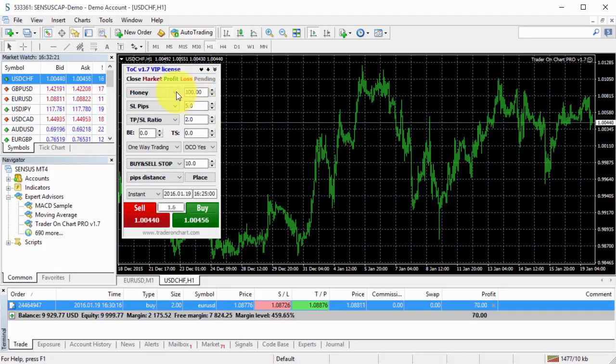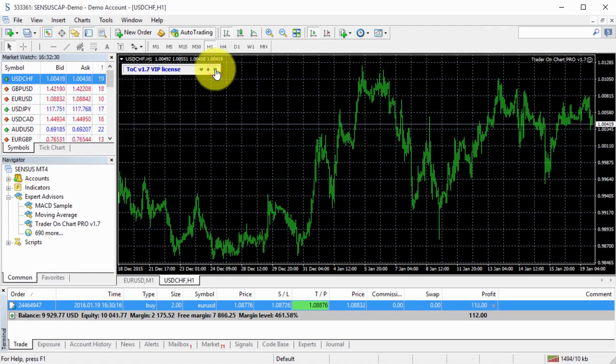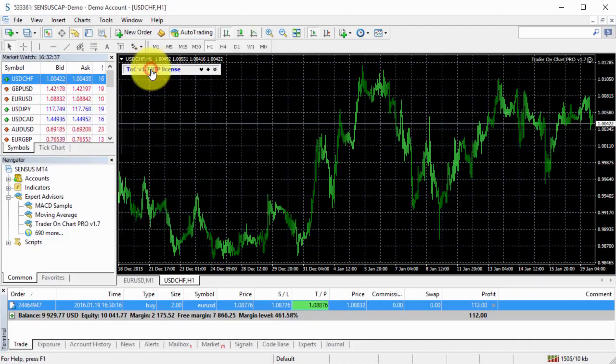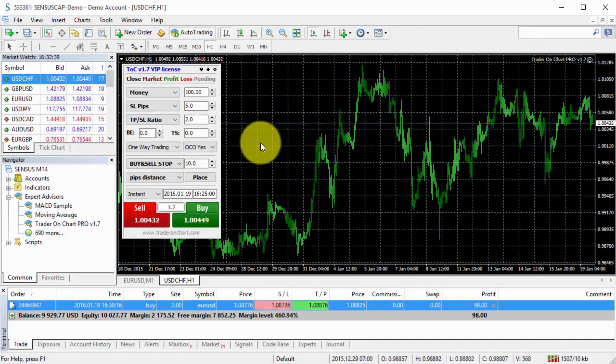So as you can see, all the same settings were loaded from the previous instance of the euro dollar. Also, there is this button right here that can hide the panel, kind of minimize it, or the same effect happens if you click on that right at the top. So again, really powerful software for sure.